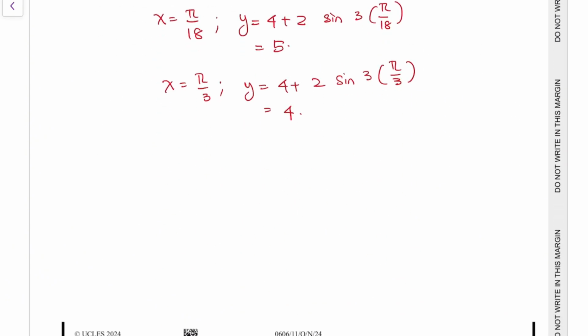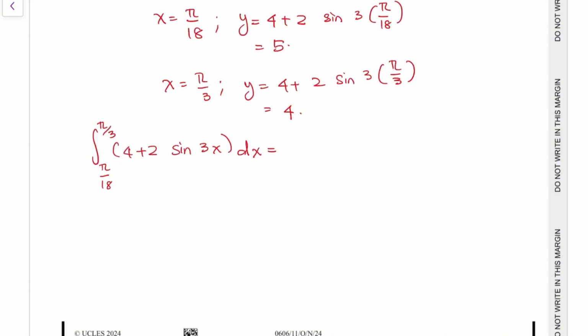The area under the graph would be the integration of the function 4 plus 2 sine 3x, bounded from pi over 18 to pi over 3, with respect to x. Now what happens when you integrate this function? Integrating 4, you just get 4x. Integrating 2 sine 3x, 2 remains there, as 2 is just a constant.